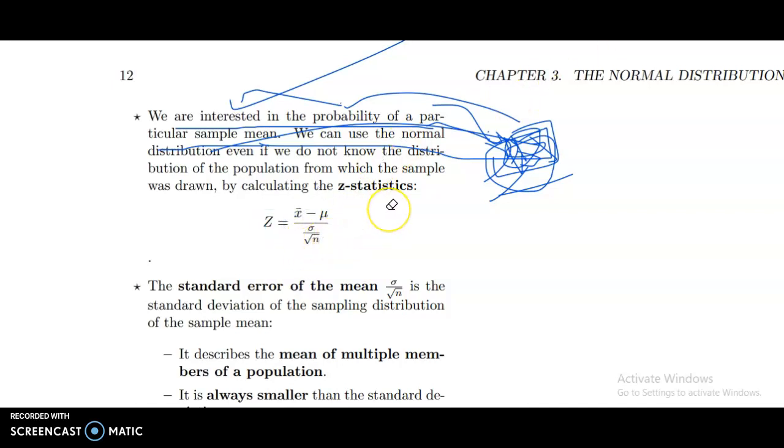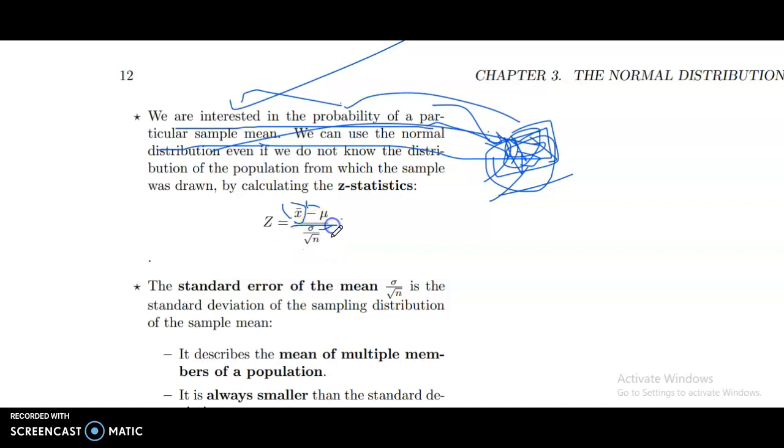Then the Z-statistic is equal to X bar minus mu, divided by sigma over root n.